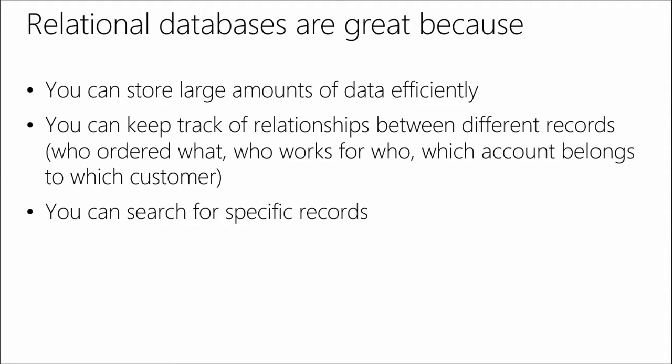You can also search for exactly the records you want. The database tool is actually going to be able to find the record you want and give you back just the record you asked for. So that cuts down on the amount of data that's being sent back and forth, and it makes queries faster and less traffic on your network. Yep. And these days, hey, with all our mobile phones, we're all starting to care about that a little bit more. A little bit. So you get back only the data you need.